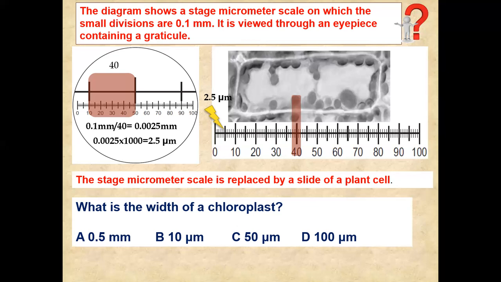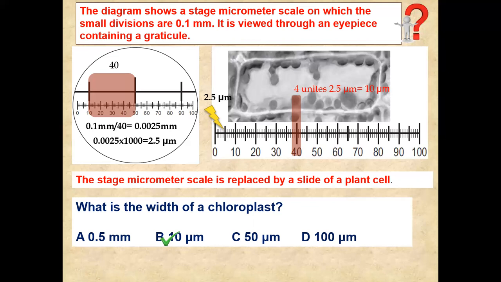Let's suppose it consists of 1, 2, 3, and 4 units. So 4 eyepiece reticule units are coming under the width of one chloroplast. We multiply these 4 units with the smallest division of the eyepiece reticule: 4 multiplied by 2.5 is equal to 10 micrometer.